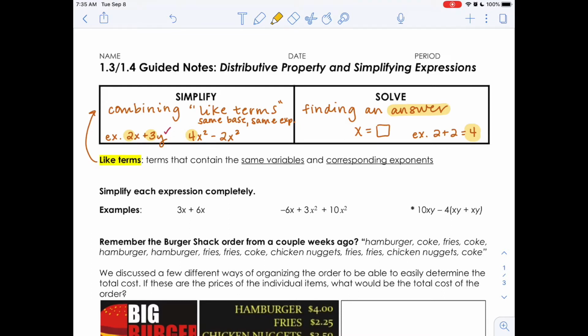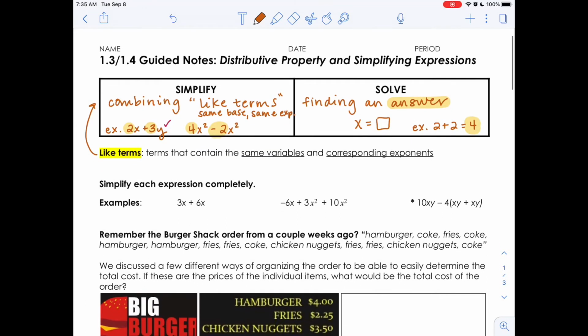These have the same base and the same exponent. Notice if this was just an x, if I have 4x squared minus 2x, those are not like terms because they don't have the same exponent. But because this one is an x squared as well, they're like terms, and I can simplify it. So if I have 4x squareds, whatever those might be, and I'm taking away 2 of those x squareds, I end up with 2x squareds.